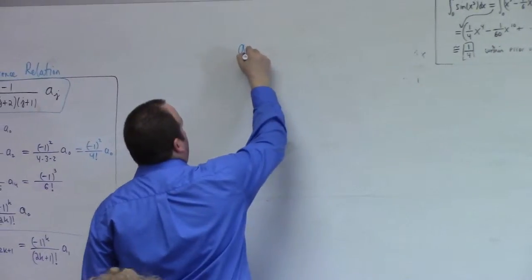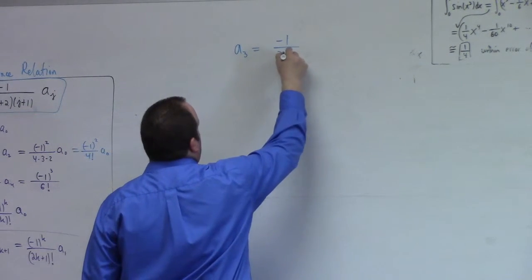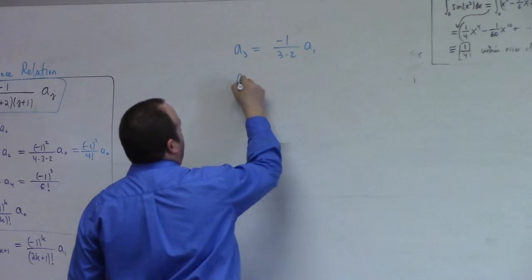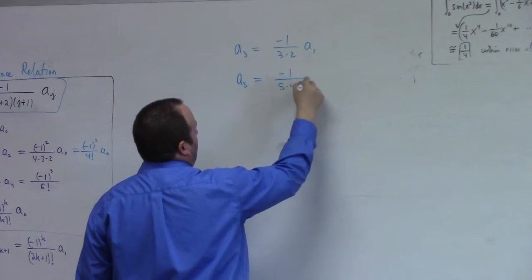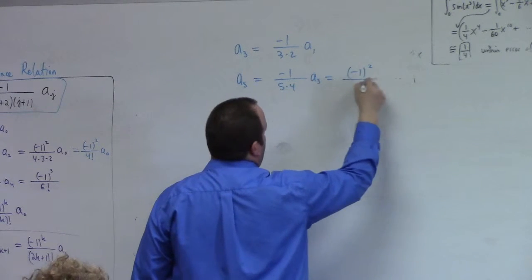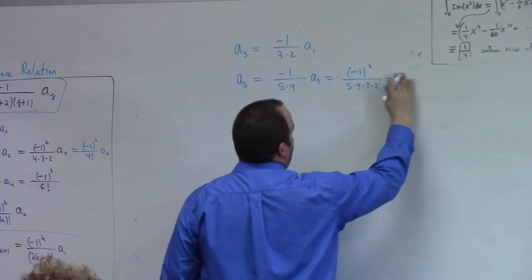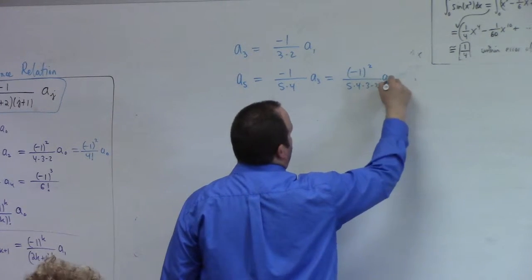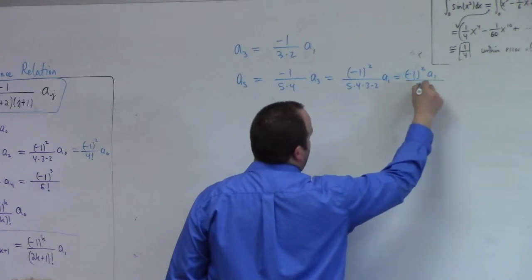We have a sub 3 is minus 1 over 3 times 2, a sub 1, right? A sub 5 is minus 1 over 5 times 4, a sub 3, which is minus 1 squared over 5 times 4 times 3 times 2, and there's also an a sub 1 here, right? Minus 1 squared, a sub 1 over 5 factorial.